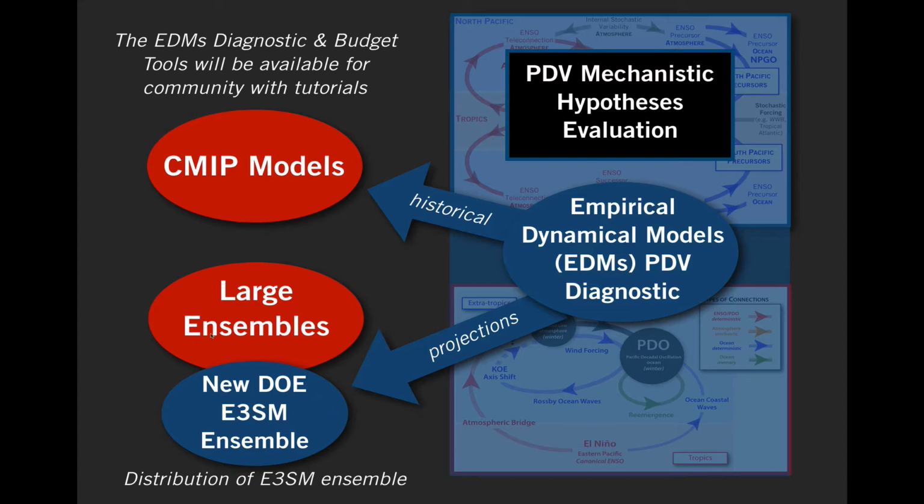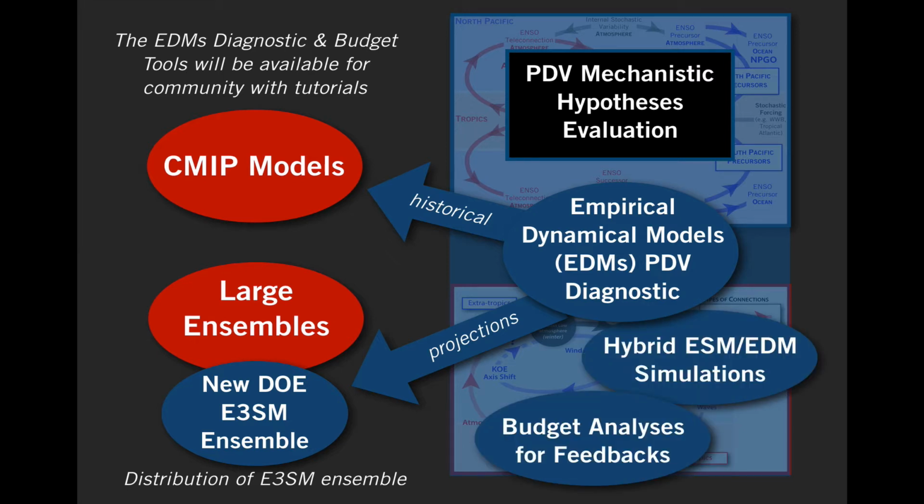To complement these large ensembles, the project is also going to develop a new small ensemble with the DOE E3SM model. And this will also become available to the community and will be distributed on a data server at Georgia Tech. Now, in addition to this EDM diagnostic toolbox, we also have planned additional analysis toolboxes.